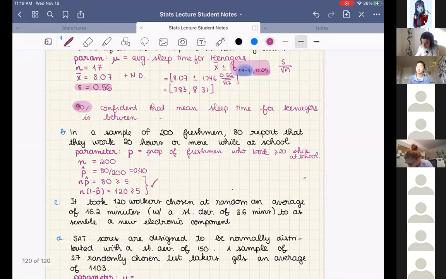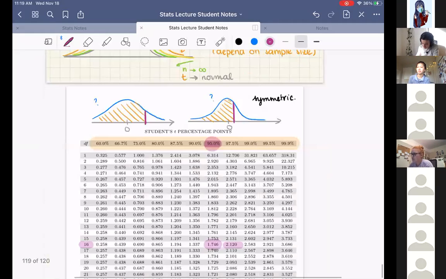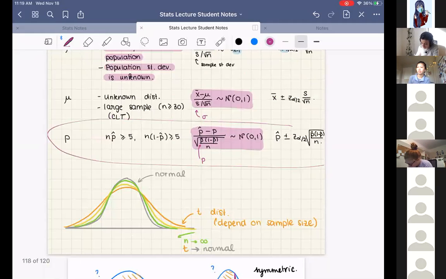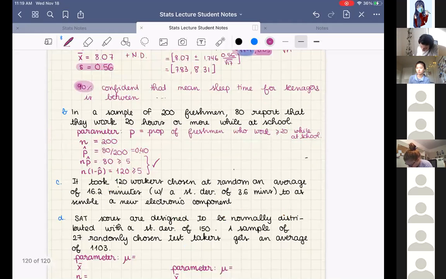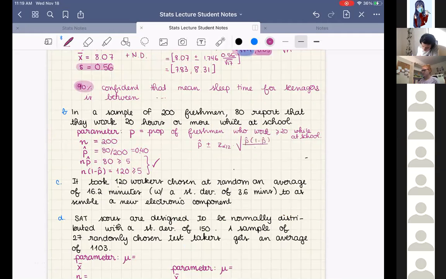So from here, I can use the formula given in the last row here, which tells me that the confidence interval for this is going to be p hat plus or minus z alpha over 2 times the square root of p hat times 1 minus p hat divided by n.